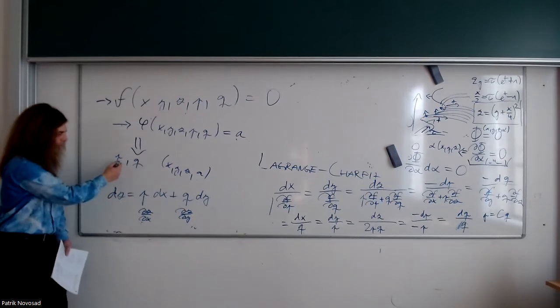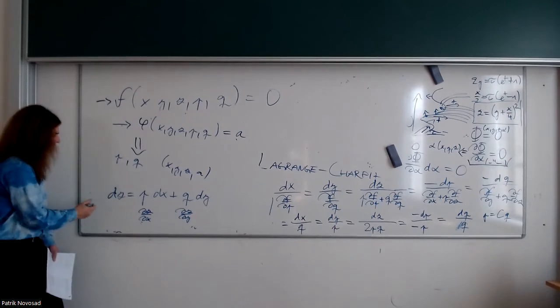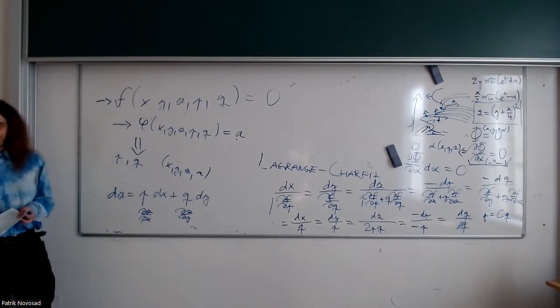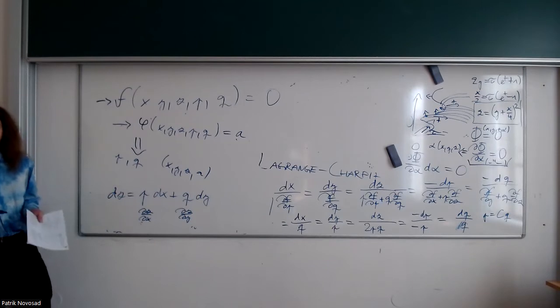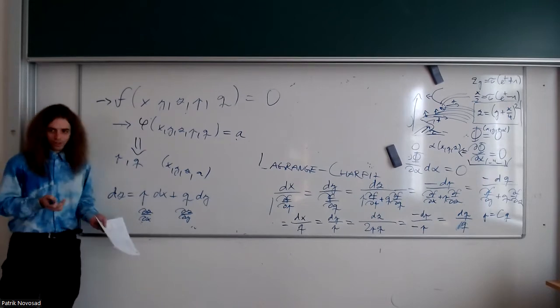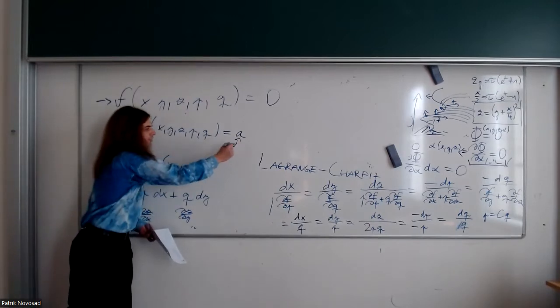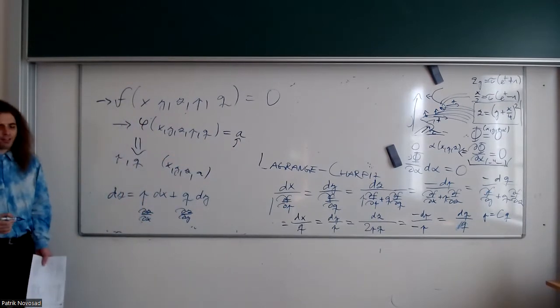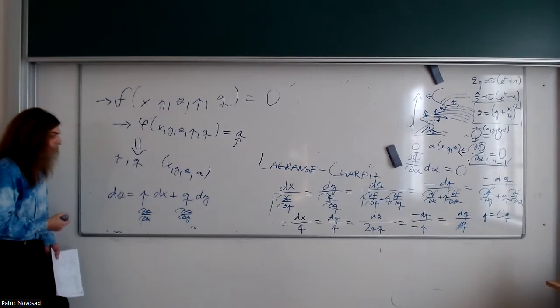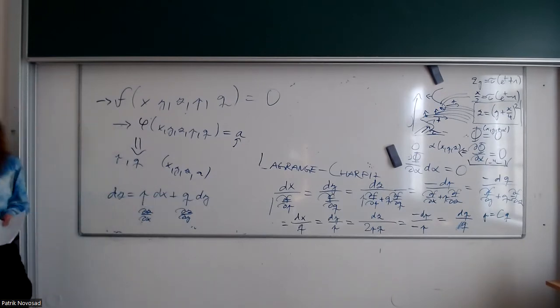I just plug p and q into this expression, and then I just integrate. After this integration, I will get a second integration constant. And in this manner, I will arrive at a two-parameter family of solutions, because I have one parameter from this integration constant, and there will be another from the one that will appear after integrating this.